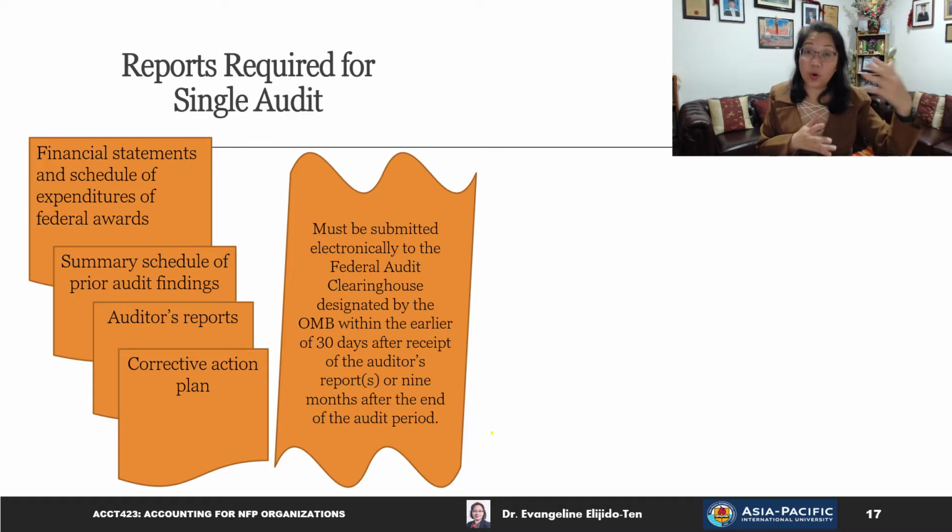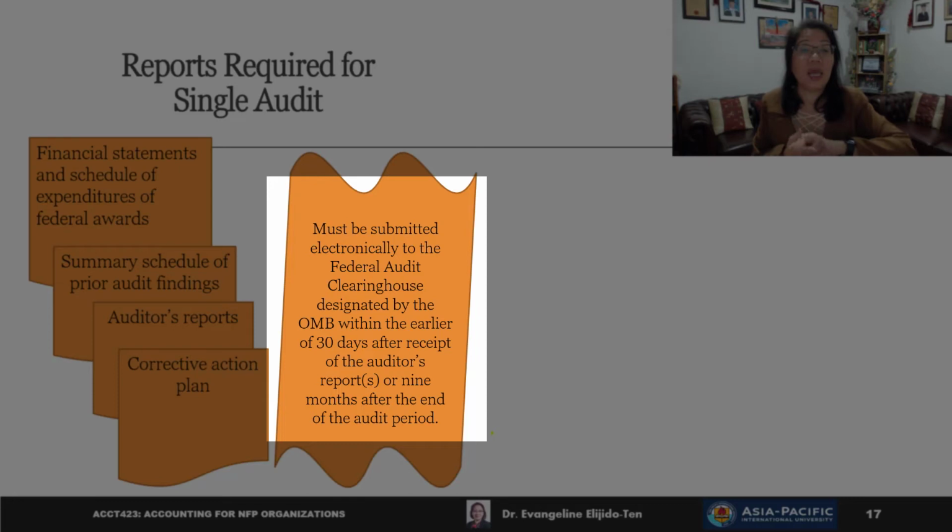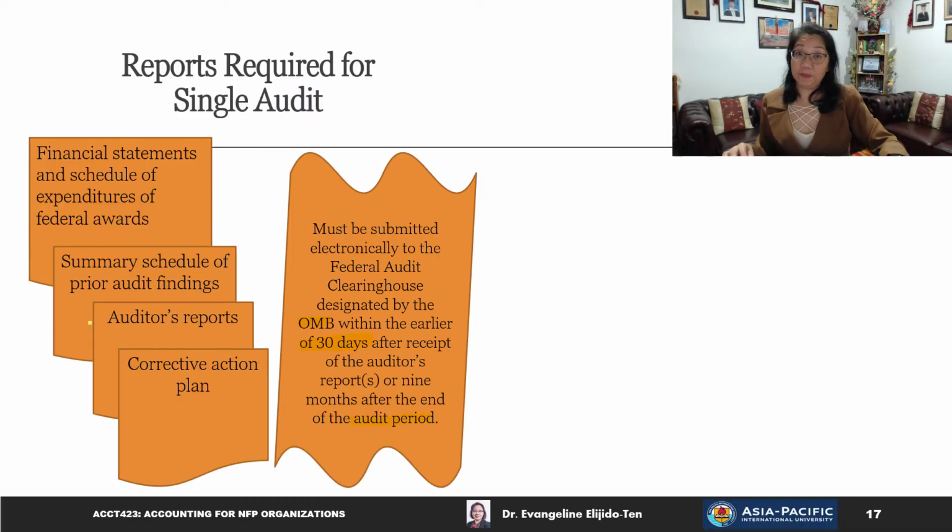All these 4 documents must be submitted electronically to the Federal Audit Clearinghouse designated by the Office of Management and Budget within the earlier of 30 days after the receipt of the auditor's report or 9 months after the end of the audit period. All right.